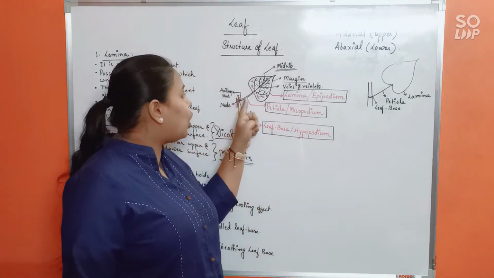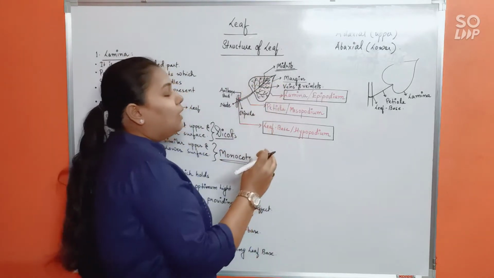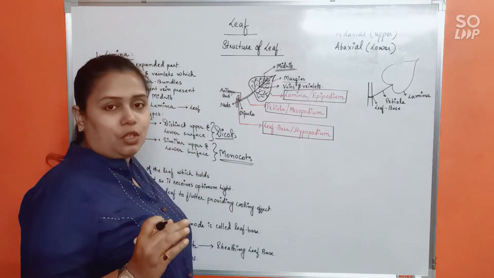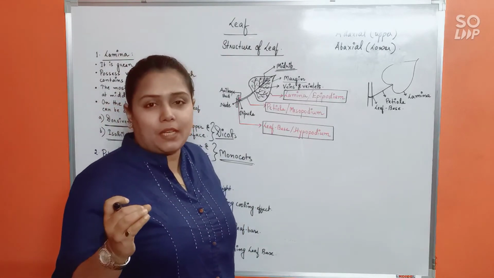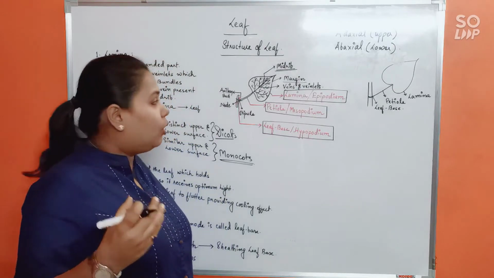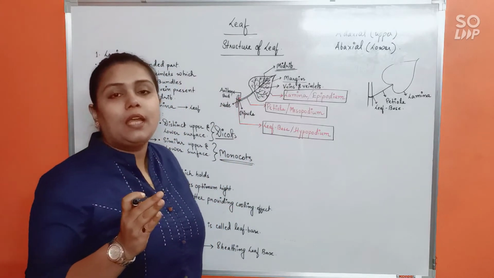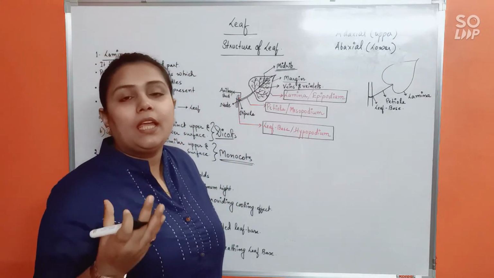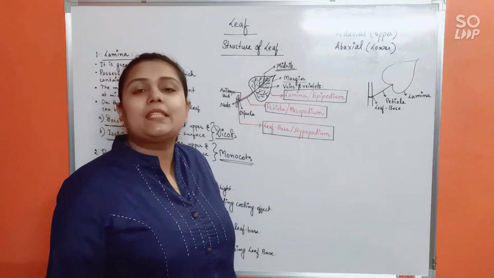It holds the lamina in an upward position, a position where it can gain maximum sunlight or maximum exposure. That is mainly the task of the petiole. It is to hold the lamina in an upper position from the stem so that it can gain maximum exposure.